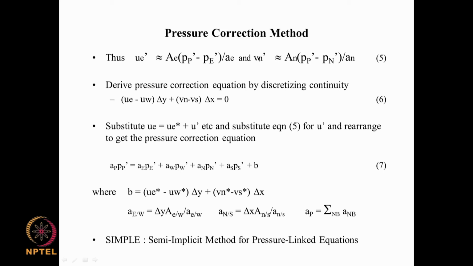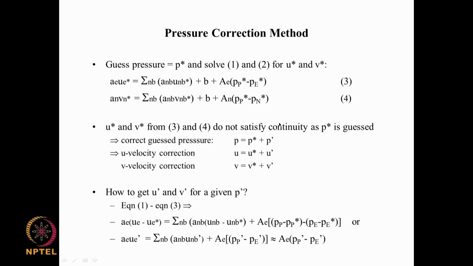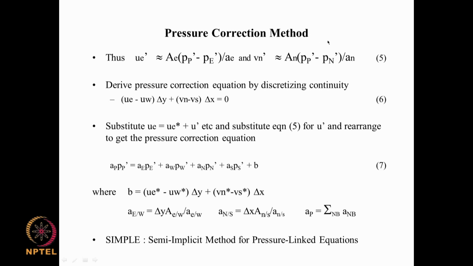The velocity correction in the vertical component of velocity is a n times p p prime minus p n prime. So, at this stage we are saying that let us make a pressure correction, and let us say that this pressure correction introduces a velocity correction u prime which is given by this, and a velocity correction v prime which is given by this.